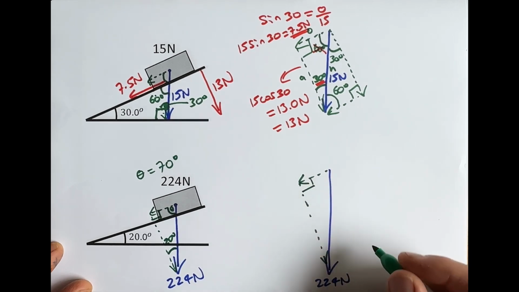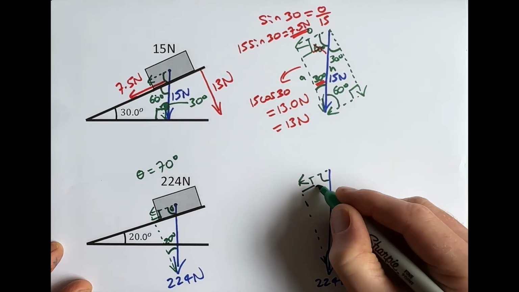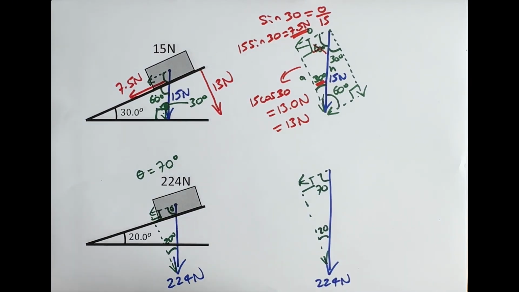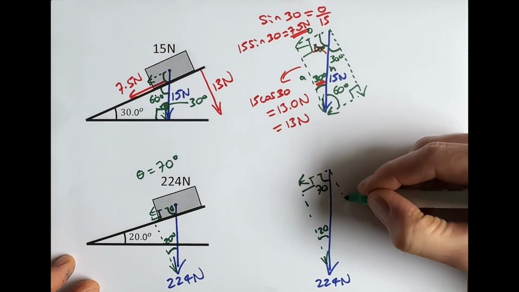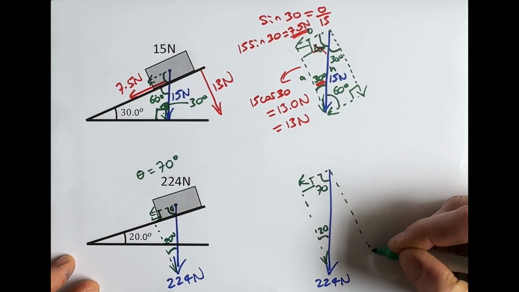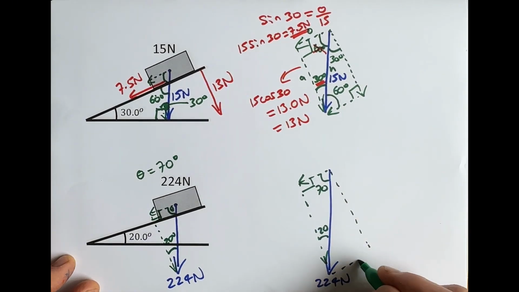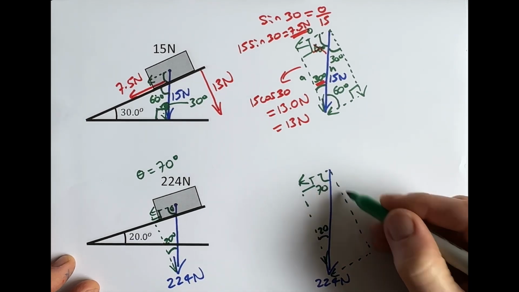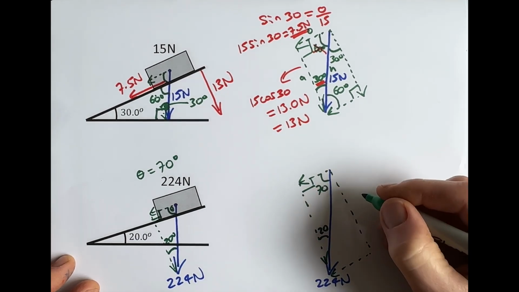And that angle there is 90 degrees. This angle here is 70. This angle here is 20. Okay, and again we could draw it equally on this side. This is the parallelogram rule, that any vector can be split up into two components that form the sides of a parallelogram.